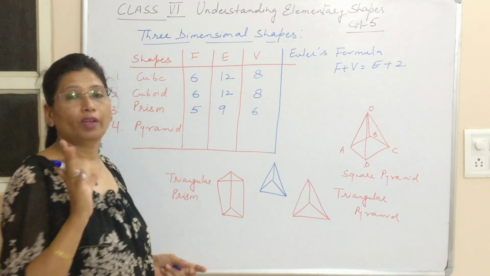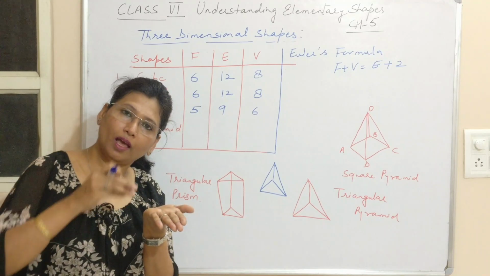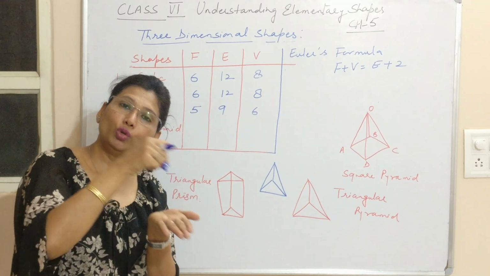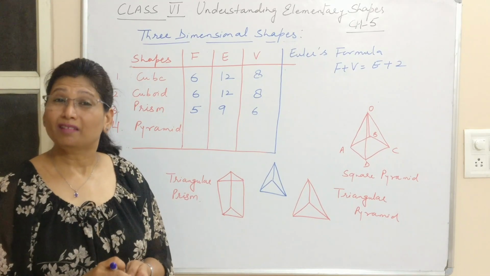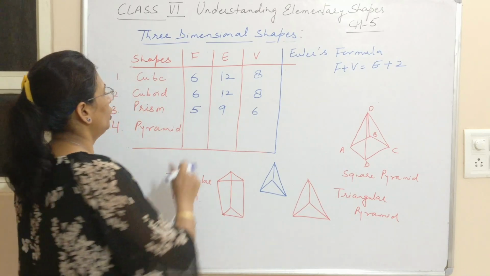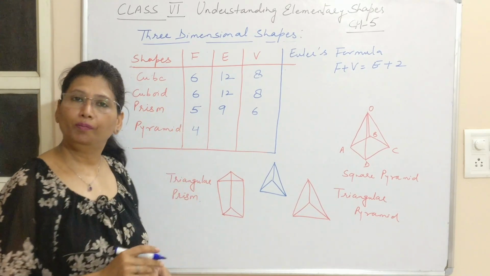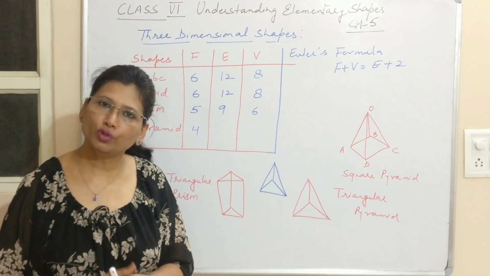This is a very ambiguous diagram, because we have a triangle and a point above the base. So you will have 3 triangles in formation on that triangle. How many triangles will you have? You will have 4 triangles. So 4 triangles means 4 faces. How many edges? You have a triangle, so 3 edges over there.